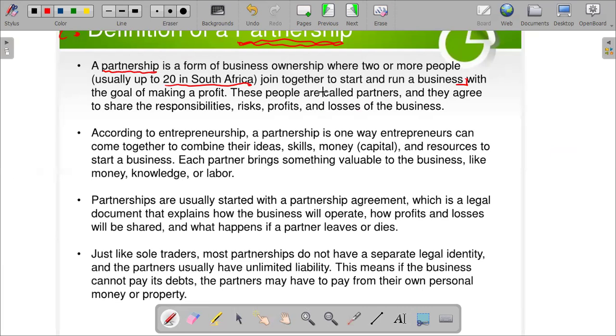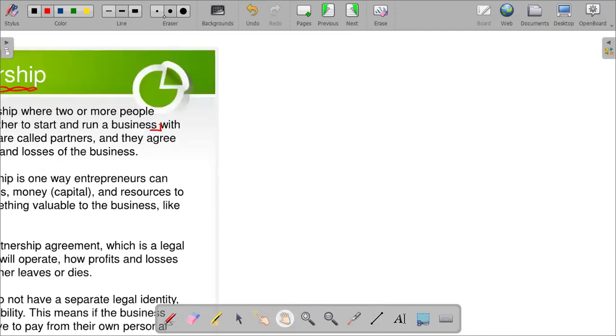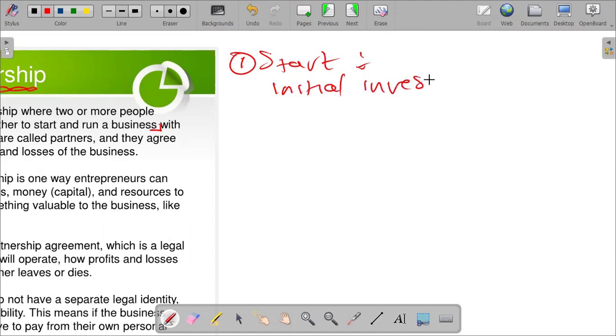So to start, they will practically come with the what? Let's put here, one, start. Let's say between you and your partners, you agree the initial investment will be 10,000.